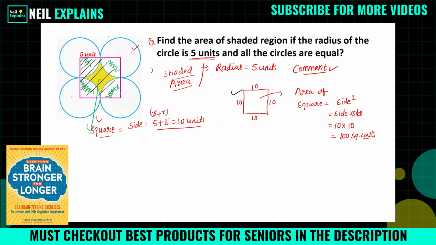To get this area, we have seen that all are 1/4 of the full circle. There are 4 circles. When we calculate the area of a circle, it is equal to pi r squared.